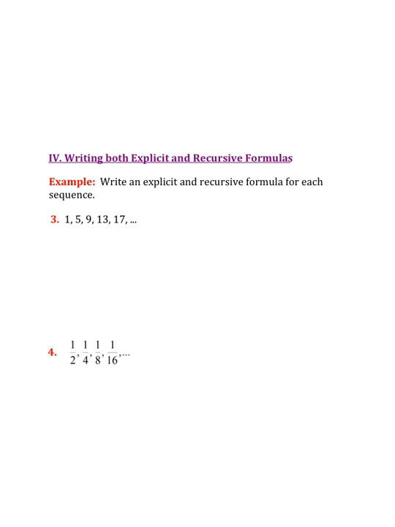For number 3, looking at this and trying to compare, it looks like this one's going to be arithmetic. So my first term is 1 and my difference is 4.